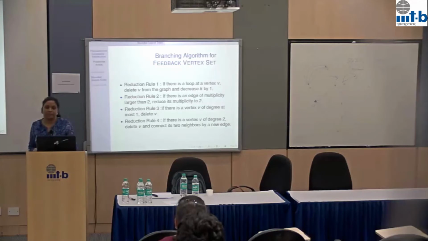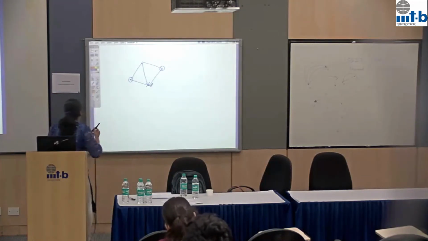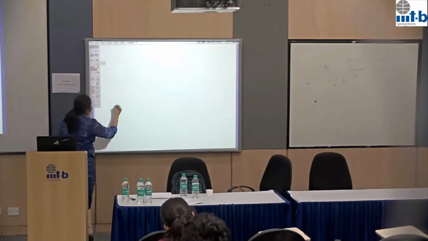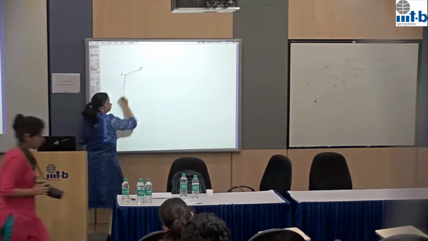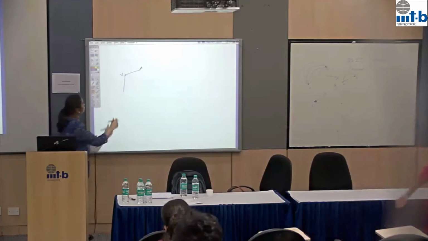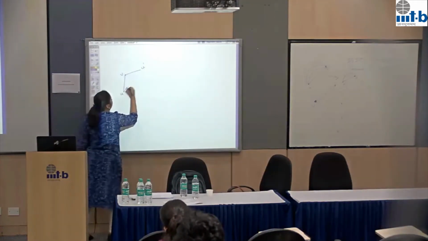The last reduction rule is this. If there is a vertex of degree 2, delete that vertex and connect its 2 neighbors by a new edge. What I am doing is some kind of short circuit. So you have a vertex V of degree exactly 2. We have only two neighbors, let's say U and U prime.